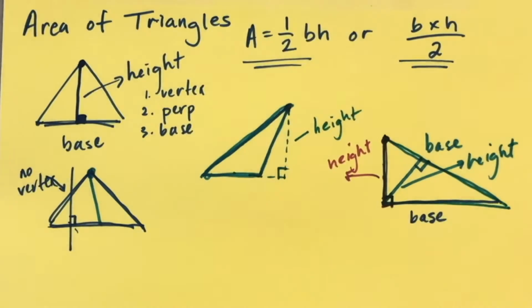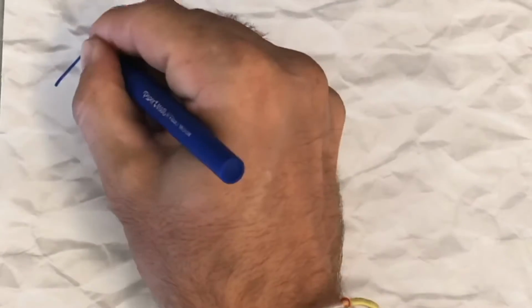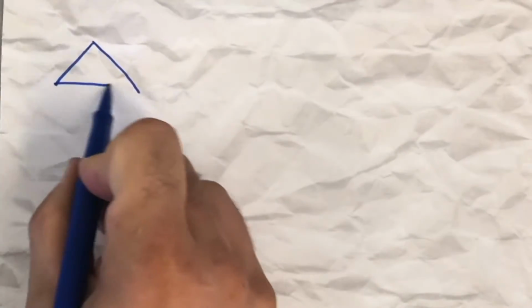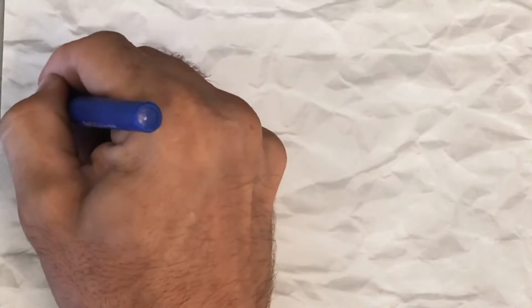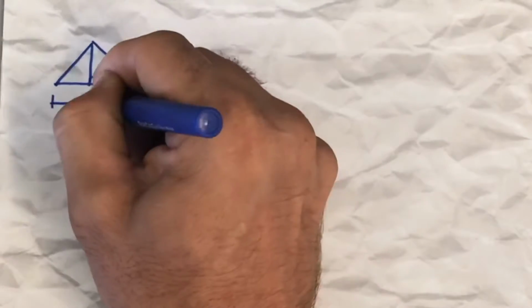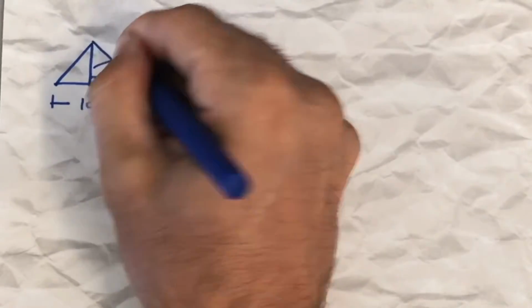Now let's look at a simple example. Here's some of my favorite crumpled paper with a triangle, and they give me a triangle with a height and a base. So let's say they tell me my base is 10 and my height is 5.